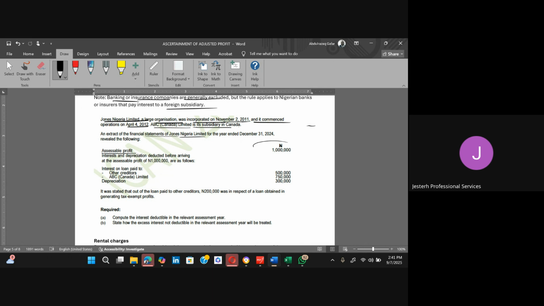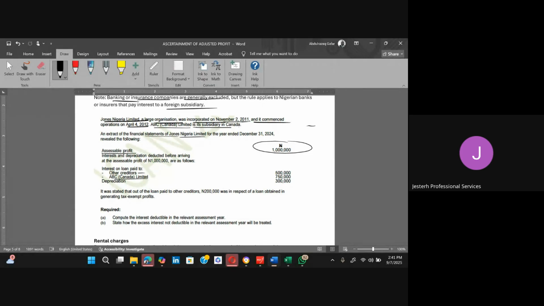So these are the accessible profits. But they are now saying that the interest and depreciation deducted before arriving at the accessible profits are as follows: interest on loans paid to other creditors, interest on loans paid to ABC Canada, then the depreciation.